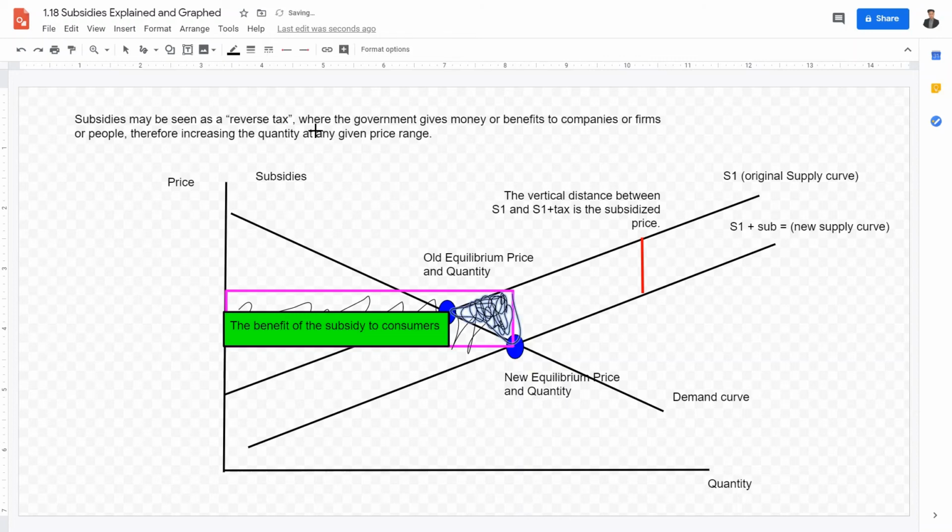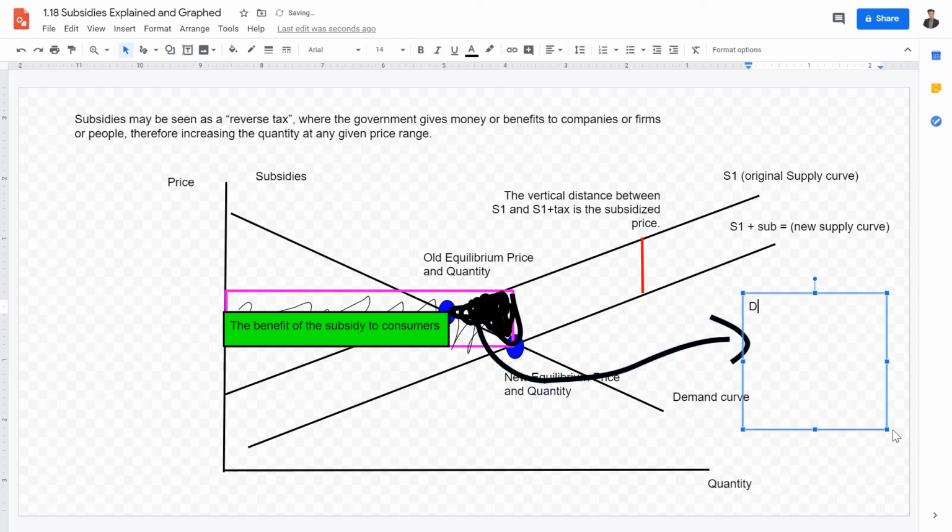I'm filling this in. That right there is what we call the deadweight loss.